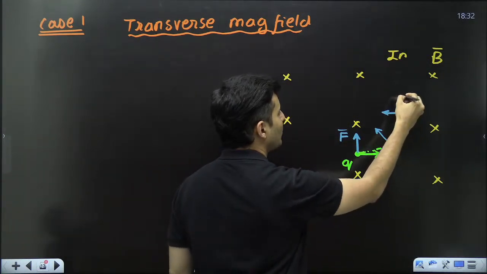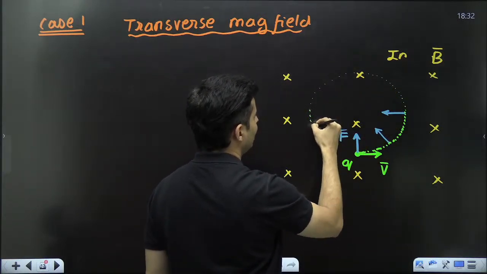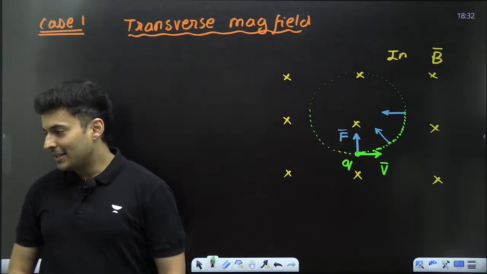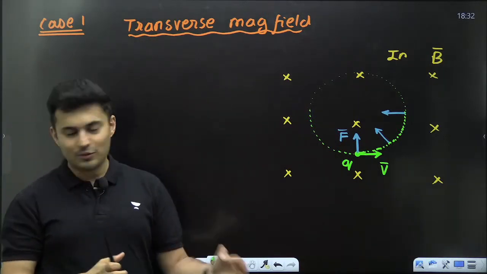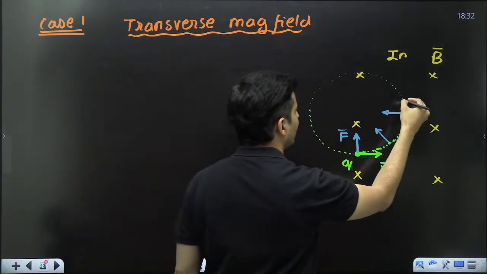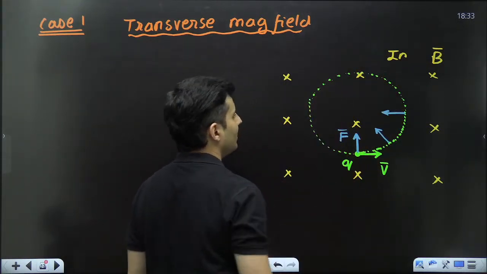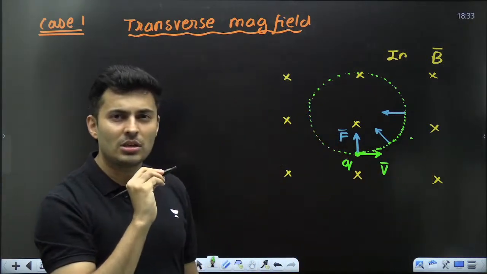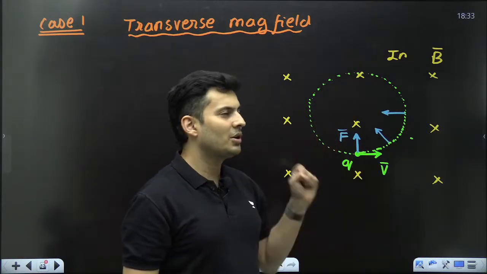Basically, it is going in a circular path like this, isn't it? Everyone with me? It is going in a circular motion. So is this uniform circular motion or non-uniform circular motion?